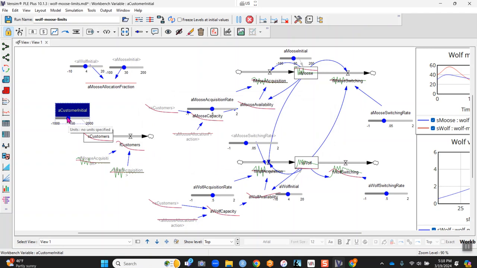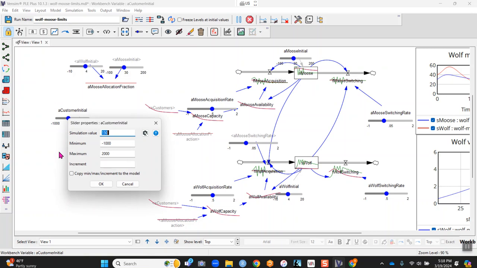If we change this and lower it, let's make this down to 50, I don't want 2,000, 100, I'll make it 150. Put that in the max min there. Okay, good.